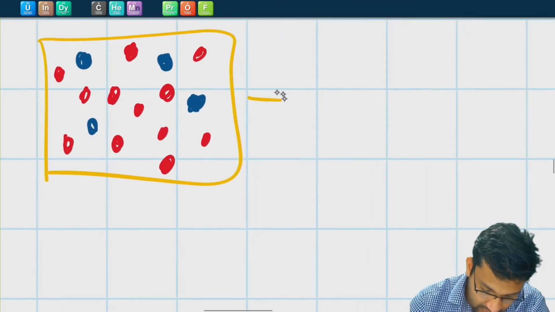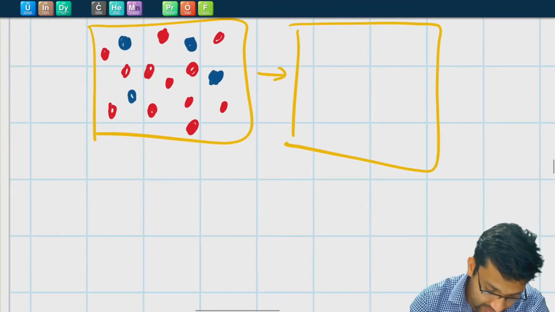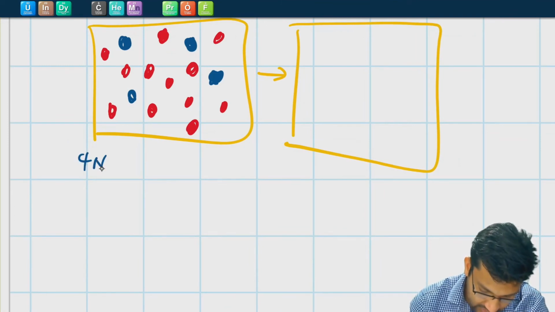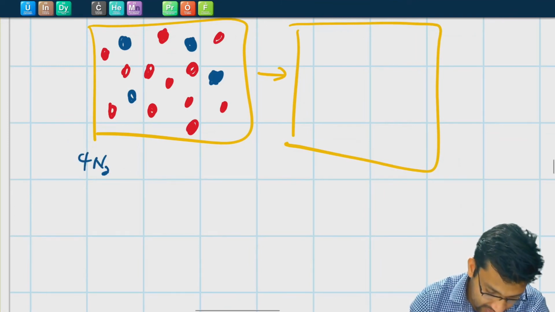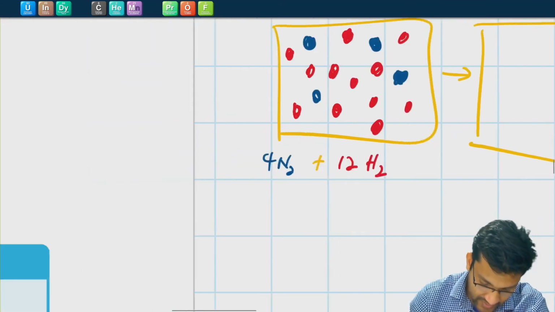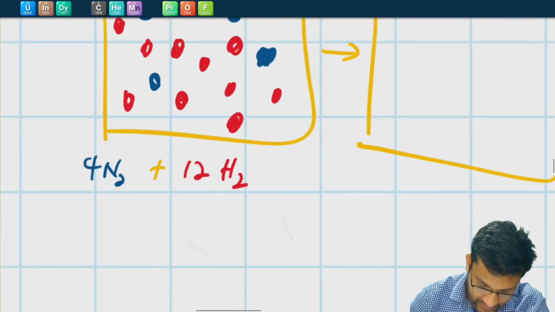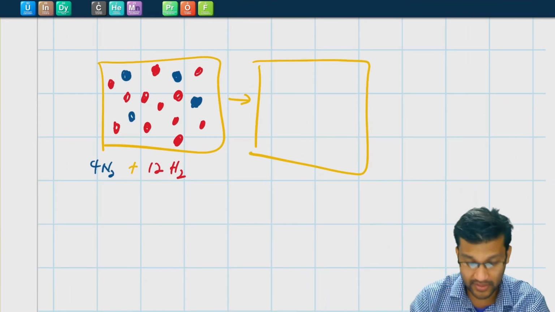So what I did here was basically 4 nitrogen plus 12 hydrogen, just to sort of mimic this ratio of 1 to 3, just to show you visually what's going on.